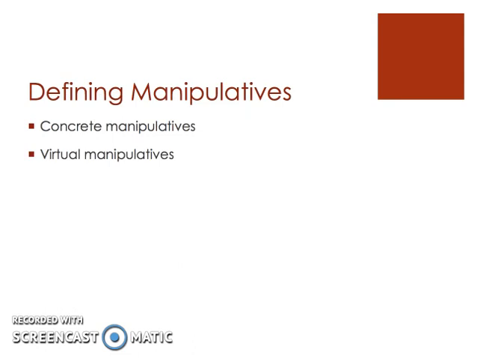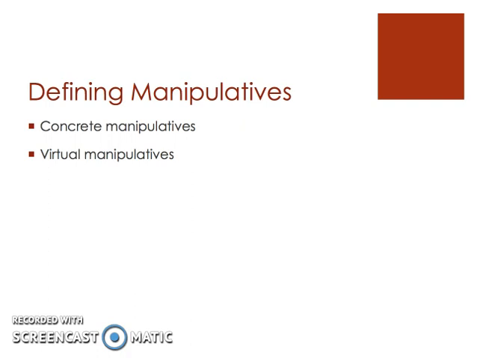So the first part of my literature review, I'm going to be defining manipulatives. So research has shown that since the early 1900s, manipulatives have been a crucial part of teaching mathematics. In fact, national organizations such as the National Council of Teachers of Mathematics actually recommend teaching with them.